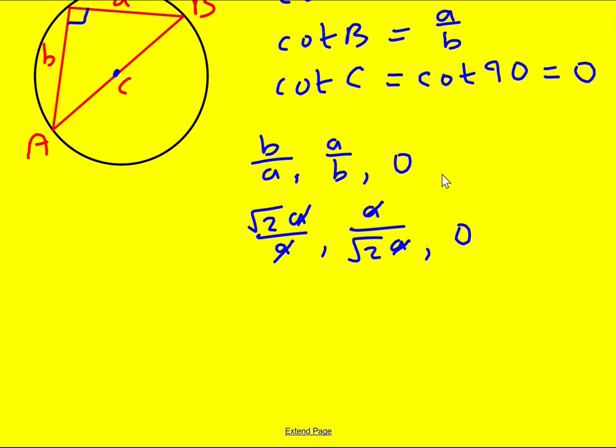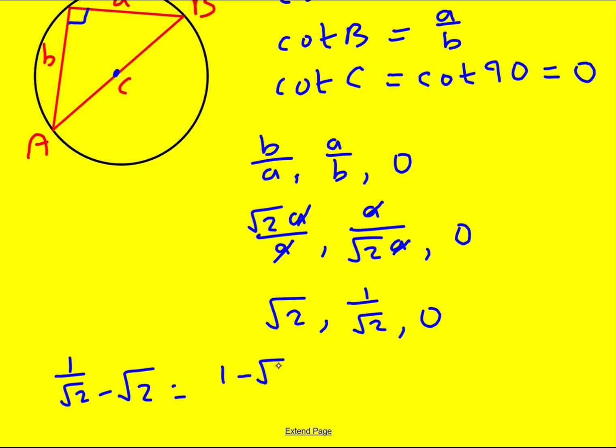and now we just need to show that there's a common difference. Let me just write out again. So root 2, 1 over root 2, and 0. Well, 1 over root 2 minus root 2 is 1 minus, hold on, putting it over a common denominator of root 2. So I times top and bottom of this one by root 2. It's going to be 1 minus 2 over root 2.